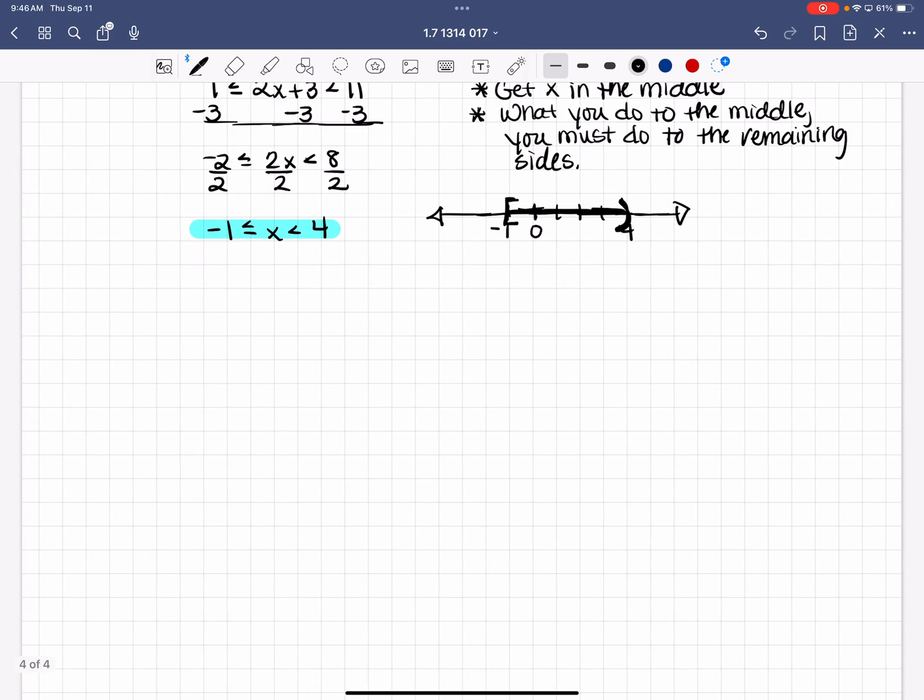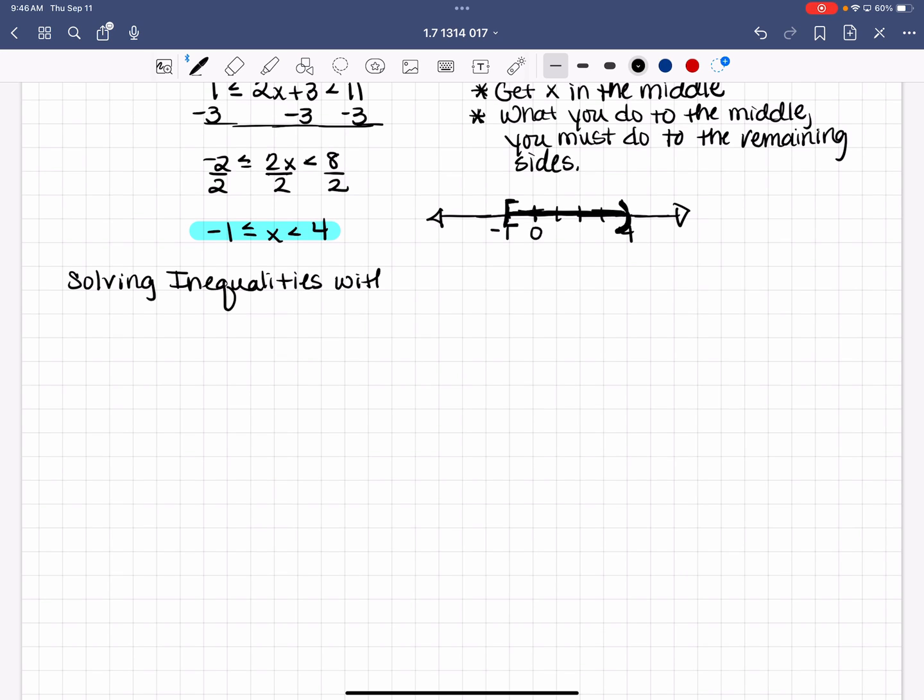The next part, I need to get at least one of those examples done. It is solving inequalities with absolute value. Okay, solving inequalities with absolute value.